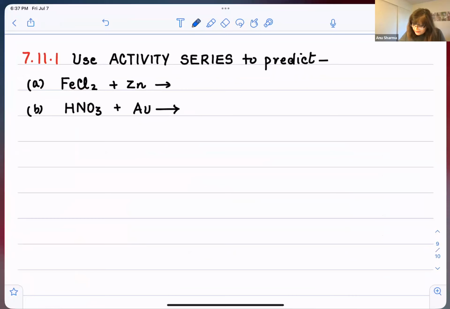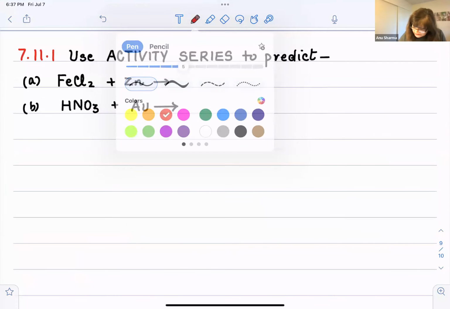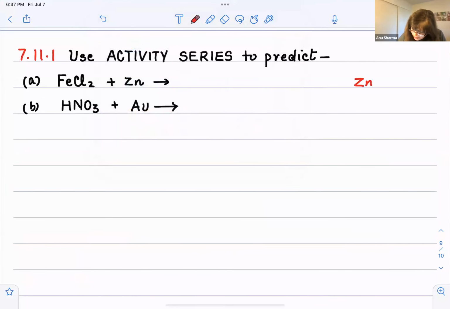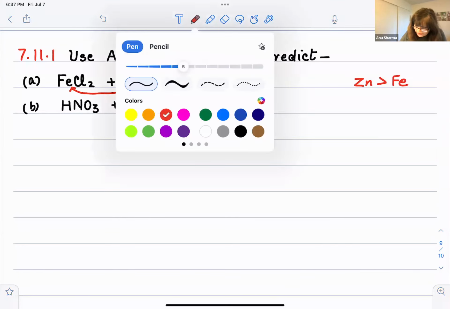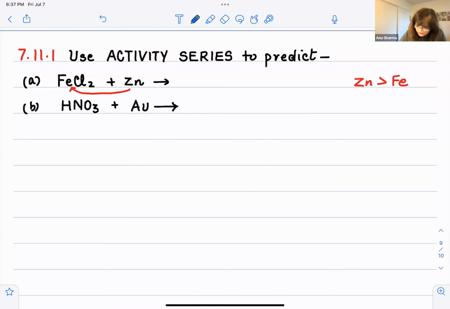So write down here, zinc above iron. So yes, this reaction will work because zinc will break the bonds of iron and chlorine and release it. So here you will see ZnCl2 is formed and iron is released free because zinc is above iron, that can do.